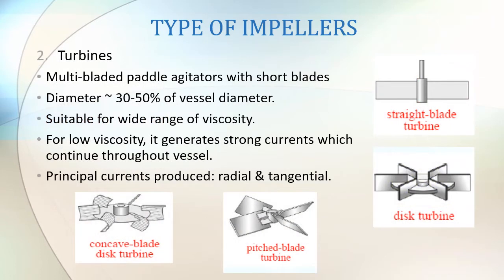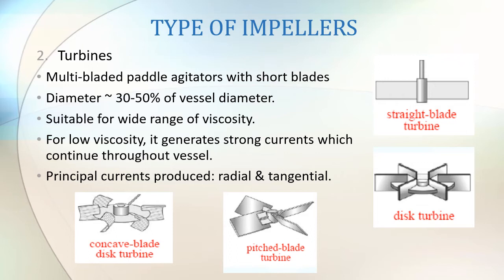The second one is turbine. Turbine is defined as a multi-bladed paddle agitator with short blades. The diameter is usually around 30 to 50% of the vessel diameter. It is suitable for a wide range of viscosity. For low viscosity, it generates strong currents which continue throughout the vessel, and the principal currents produced when you are using a turbine are radial and tangential.